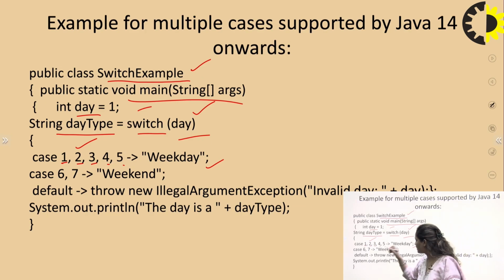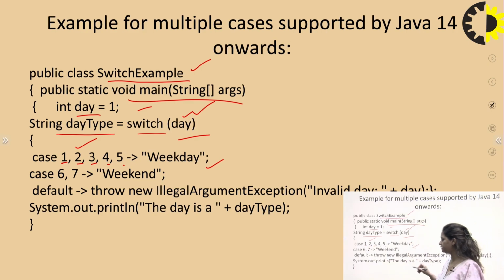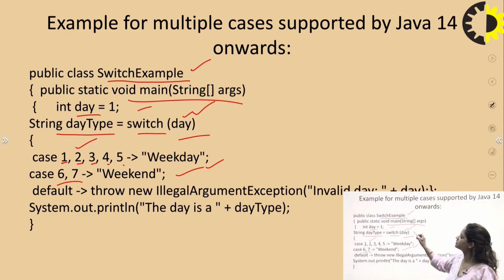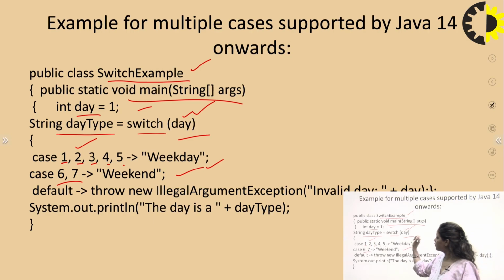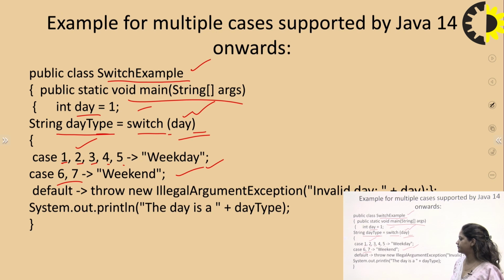If the value of this day is any of these five values, the output will be weekday. And if it is 6 and 7, then the output will be weekend. This value is returned to this day type variable by using this switch expression.